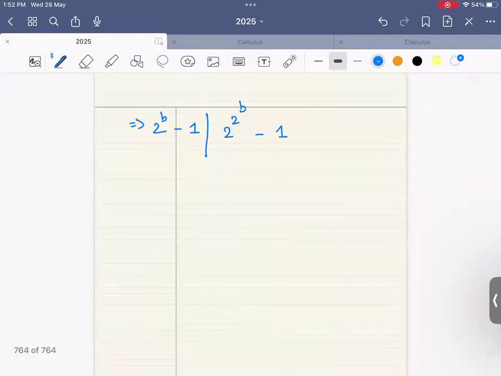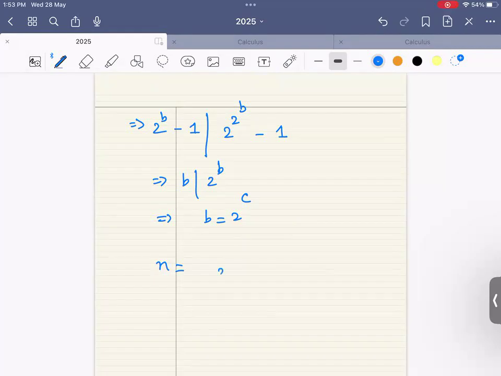And again, a to the power m minus 1 divides a to the power n minus 1. That's only possible when b divides 2 to the power of b, which means that b must be of the form 2 to the power c. So I think we have got n. n is fundamentally of the form 2 to the power 2 to the power 2 to the power c.